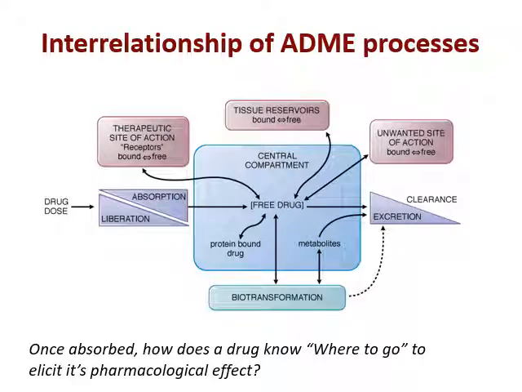Here's our little diagram that relates to various ADME processes. And you can see we've already talked about what happens after a drug dose is administered. It has to go through this initial process of absorption in order to begin to fill the blood, the central compartment.